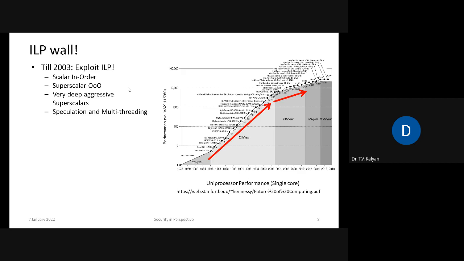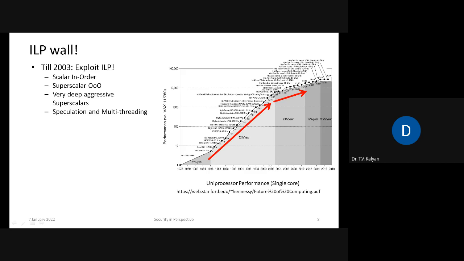On top of it, there were techniques like speculation and multi-threading that help to extract maximum ILP from the existing program. Because of all these techniques, you can see on the graph on the right side that from 1986 through early 2000s, there was nearly 50% improvement in performance for almost all the different types of processors that you can see in the market.